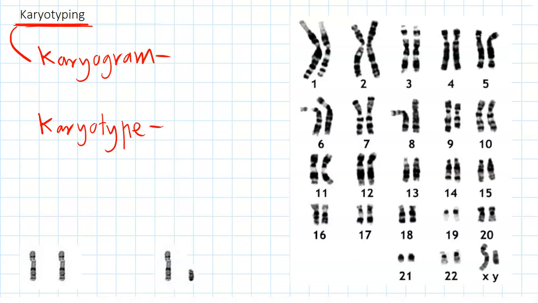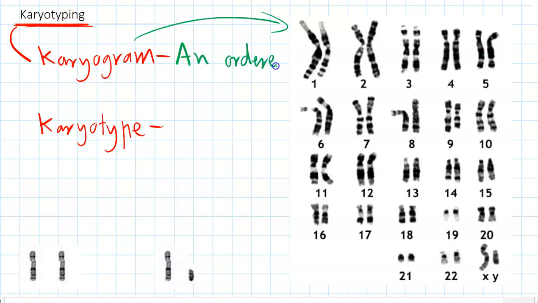So a karyogram is what you can see in this diagram here. It's basically a diagram showing all the chromosomes that are present in each cell of that organism. So it's an ordered diagram because scientists combine the chromosomes into order from the biggest to the smallest.